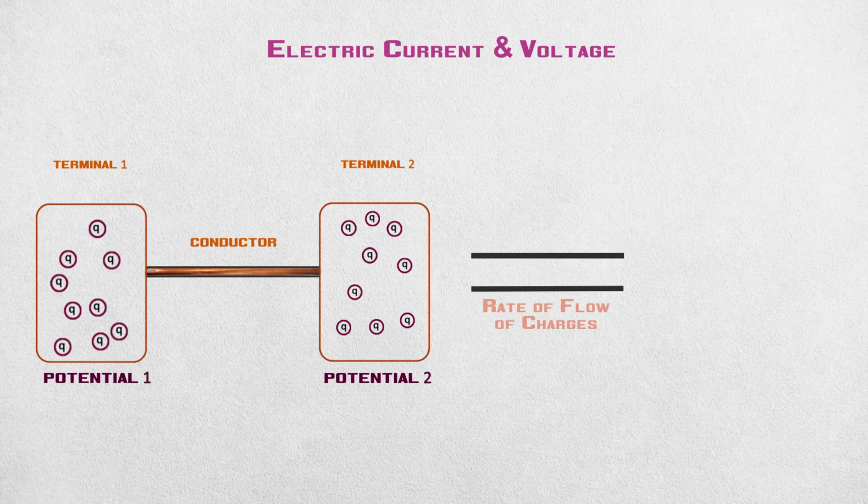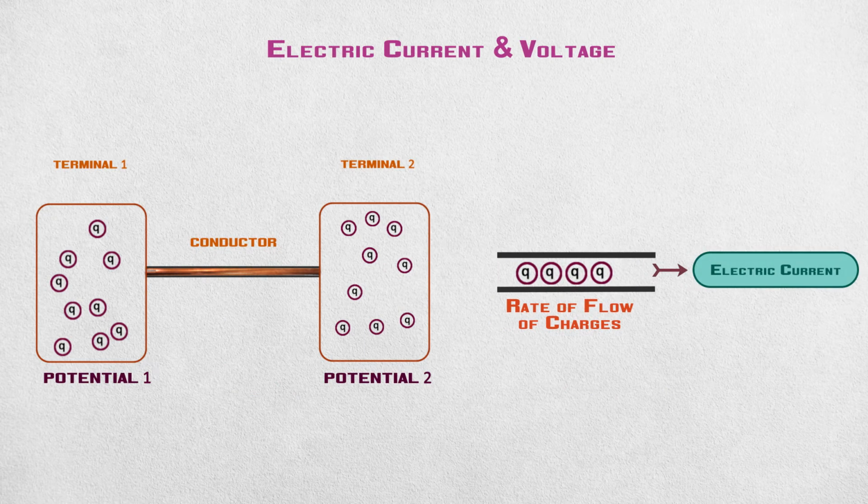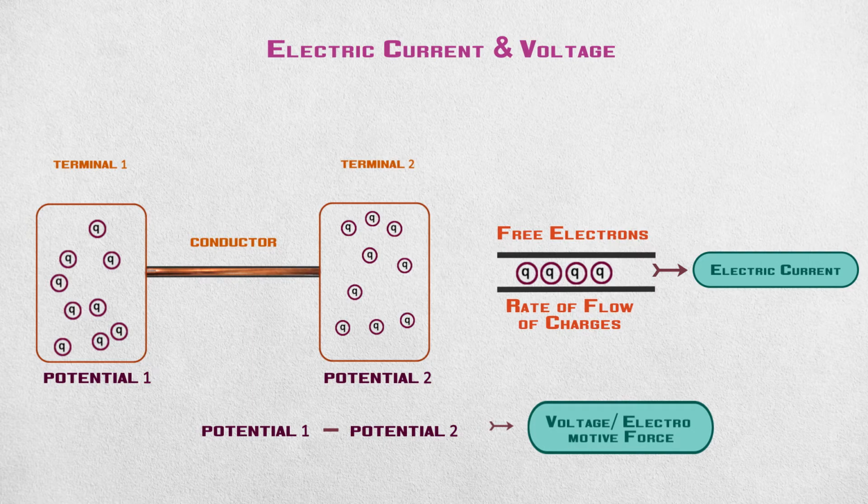In this case, the rate at which the charges flow through the conductor is called electric current. The current flow, in conductors or metals, is due to free electrons. Whereas, the potential difference between the two terminals is called the voltage, or electromotive force.